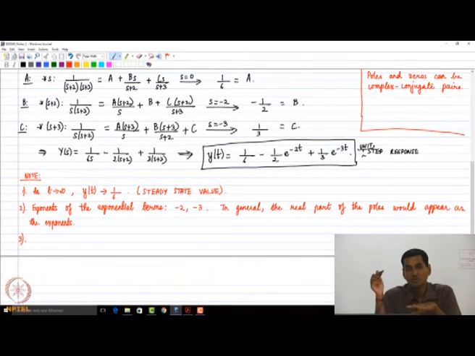Is a step a bounded input? You would agree that the step is a bounded input. Is the corresponding y of t that we have calculated bounded? Do you think the magnitude of y of t is bounded here? Do you think it's stable in that sense?